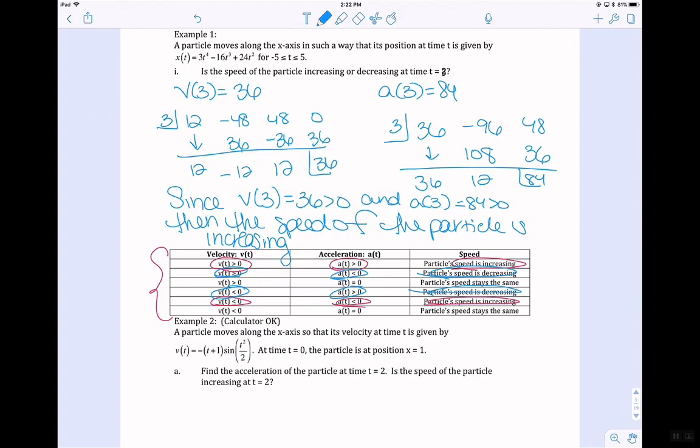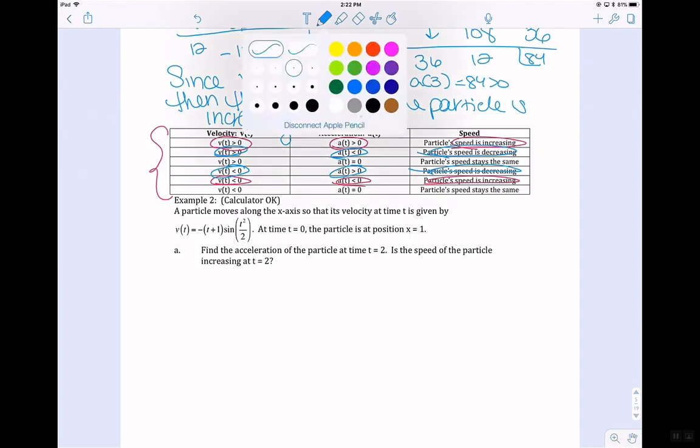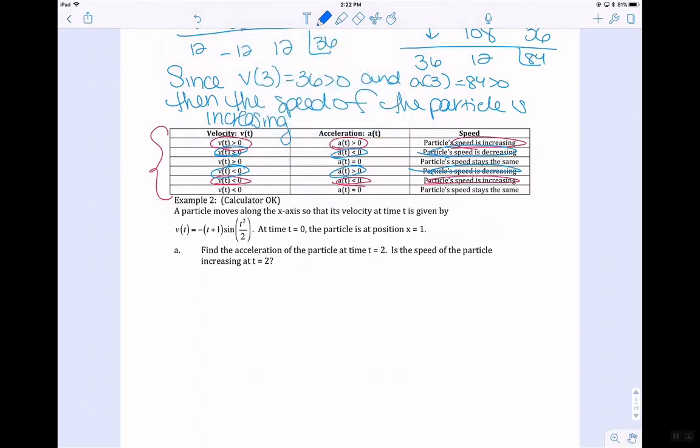Okay? So, example 2 here: find the acceleration of the particle at time t equal to 2. Is the speed of the particle increasing at t equal to 2? First, let's find acceleration at t equal to 2. Let's change colors slightly.